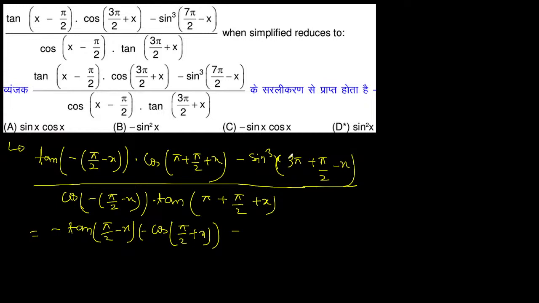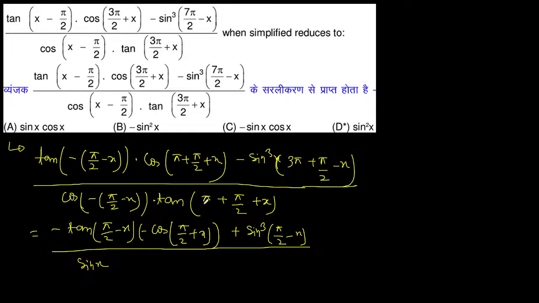Sine 3 pi is 360 plus 180, so we can say 180 plus theta is minus of minus sine cube pi by 2 minus x, whole divided by cos minus theta is cos theta and cos pi by 2 minus x is sin x.